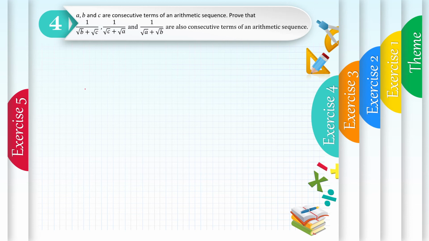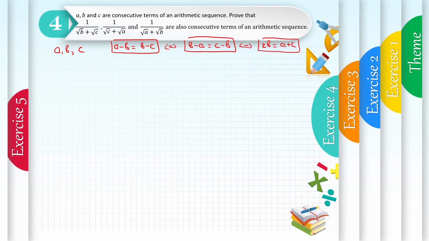The idea in this exercise is to use the fact that if a, b, and c are consecutive terms of an arithmetic sequence, this means that the difference of two consecutive terms is a constant. So a minus b is equal to b minus c, which is equivalent to the fact that b minus a is equal to c minus b, which is equivalent with the fact that 2b is equal to a plus c.